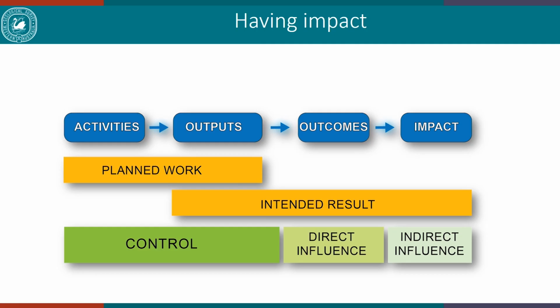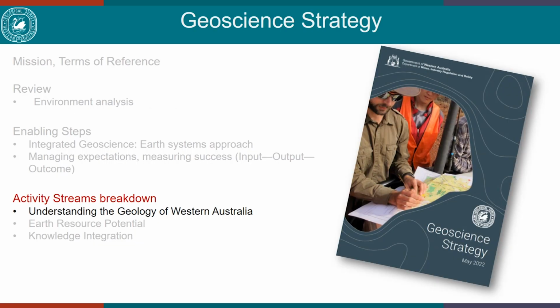So it's really worth keeping in mind that when we want to contribute to the WA economy, what kind of outputs do we generate that will influence people to make a decision that will be beneficial to the state? So what activities exactly do we want to undertake in the future?